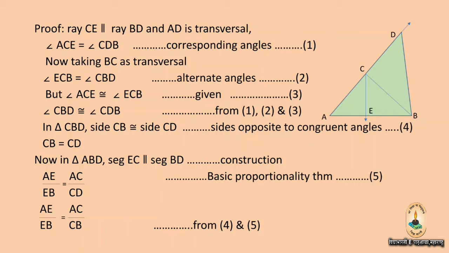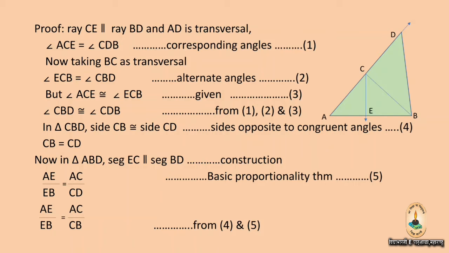Now it is given angle ACE congruent to angle ECB. Number this as 3. From 1, 2 and 3 we have angle CBD congruent to angle CDB. Observe the triangle CBD.